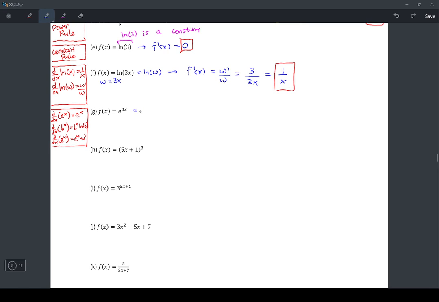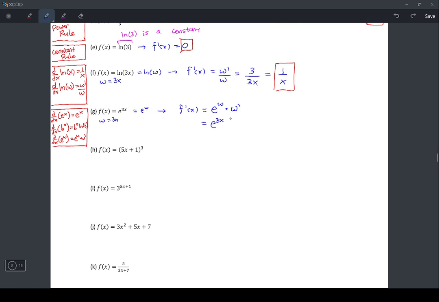So I'm going to say this is an e to the w type of function, where w is equal to 3x. So we'll take the derivative f prime of x. I'll use that formula, e to the w times w prime. And I know this is not review for everyone. Don't panic.